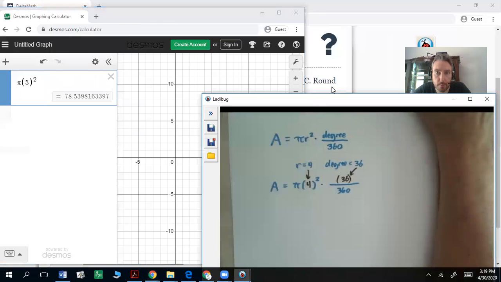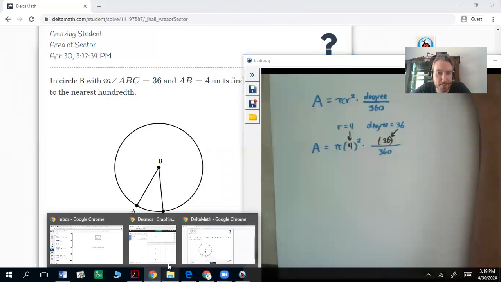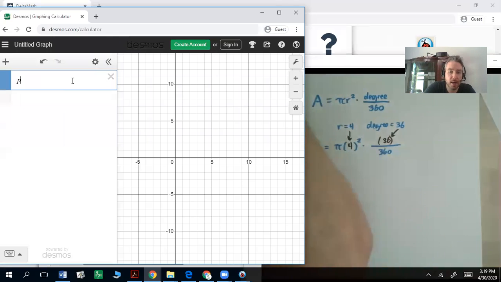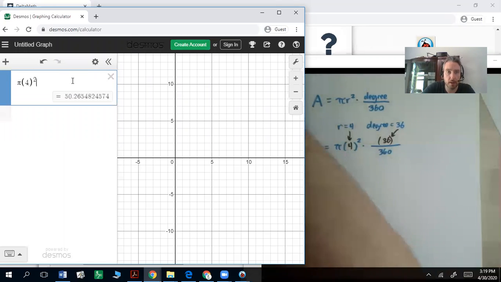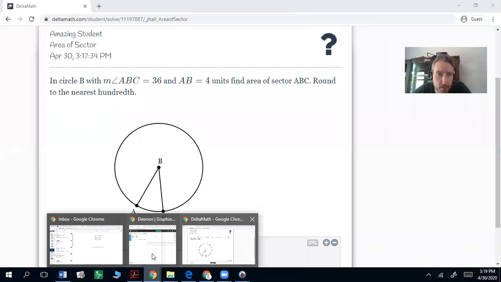Pi, parentheses 4, close parentheses, shift 6, 2, right arrow, times 36 divided by 360. So you can do all that right in one operation. And it says 5.0265482.